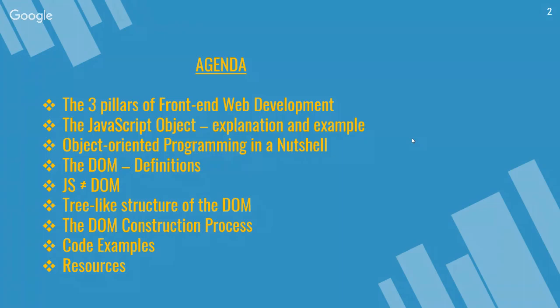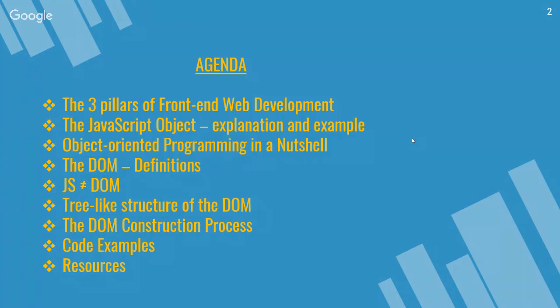Then we'll move on to explaining why JavaScript and the DOM are two different things. Some still make the mistake of thinking that the DOM is part of the JavaScript language, which is not true, and we will see why in a minute.